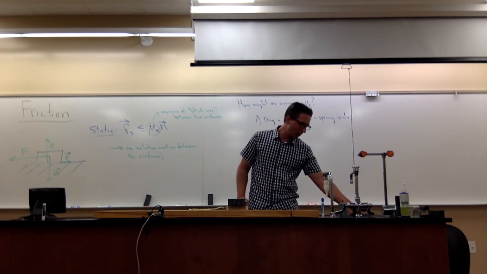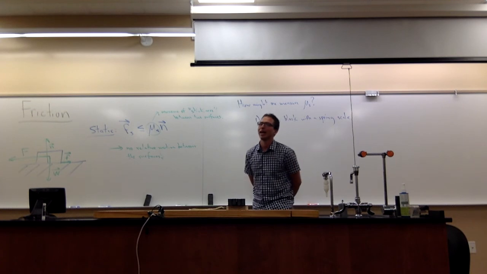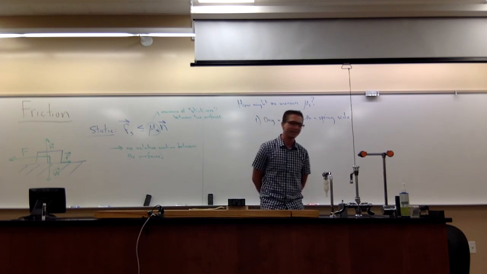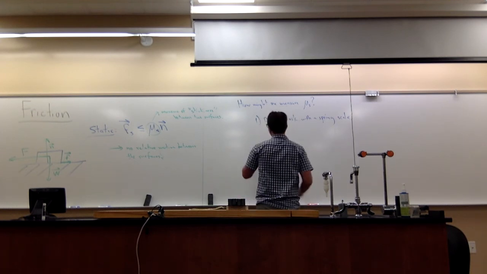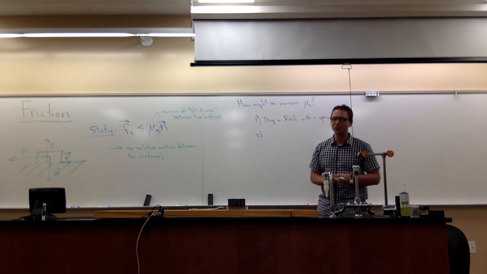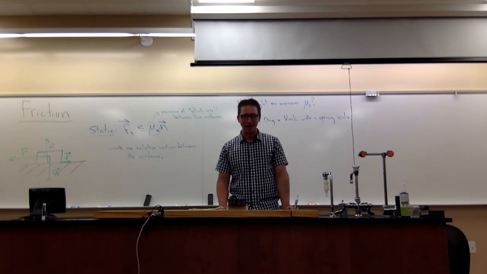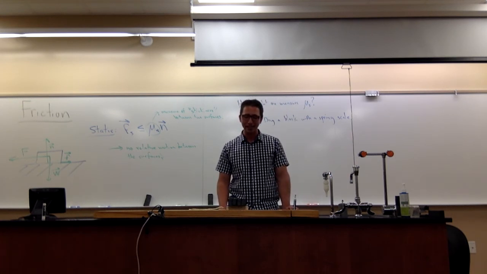So we could calculate mu s using a method such as this, and that will be one of your homework problems to complete before next class. What's possibly another way to measure the coefficient of static friction? That's one that I'm just going to set up here and then have you complete before next class.